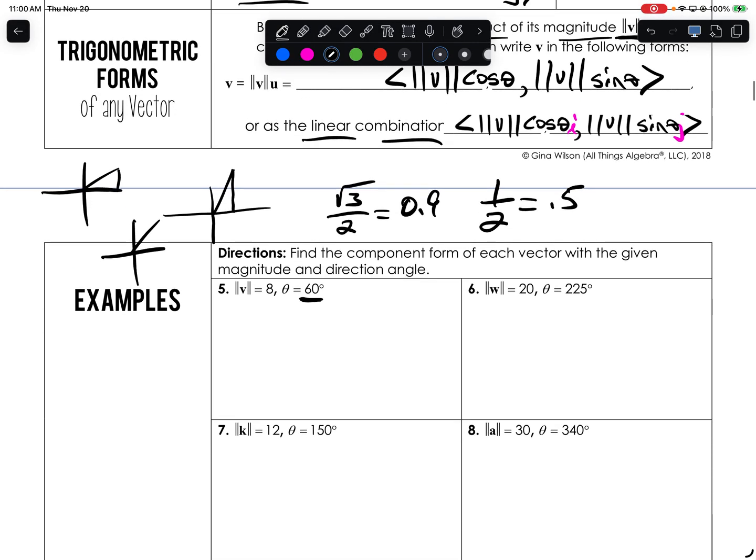So now we're finding the component form of each vector given the magnitude and direction of the angle. So we're going to write it like this, multiplied in the magnitude, right? We don't have to find the magnitude, they give it to us, so that makes it easier. And then we have 8 times cosine of 60, comma, 8 times sine of 60.